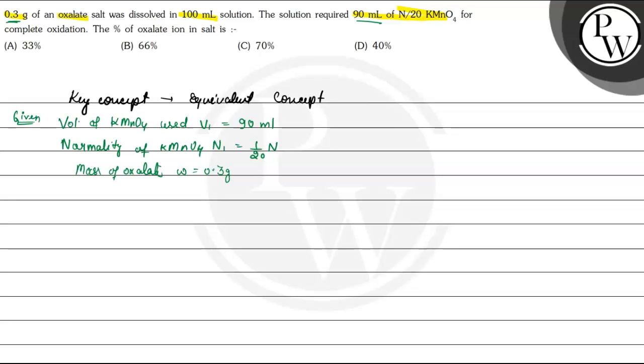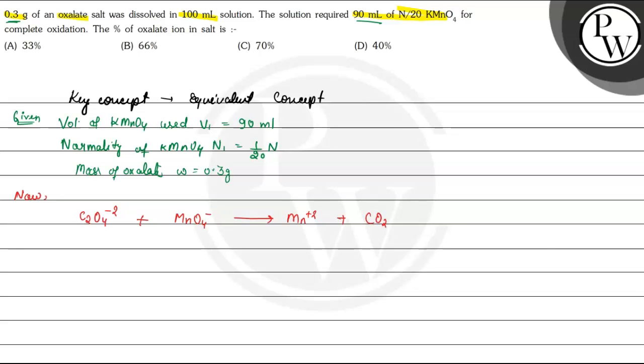Now if we write the equation for this, the equation is C2O4 2- (oxalate) reacts with MnO4 minus, and it forms Mn2+ plus CO2.